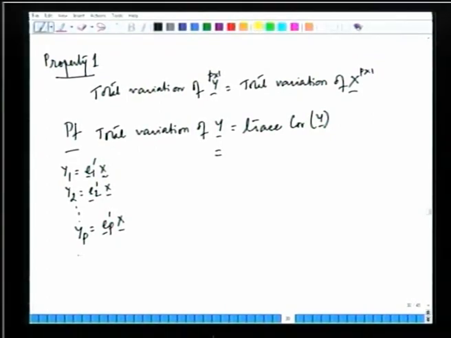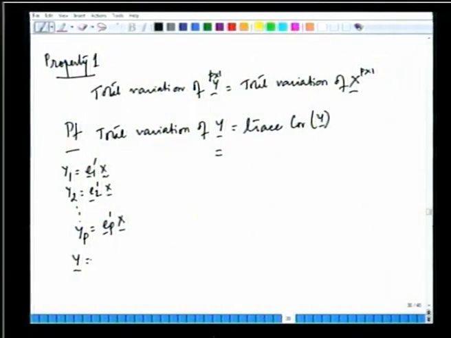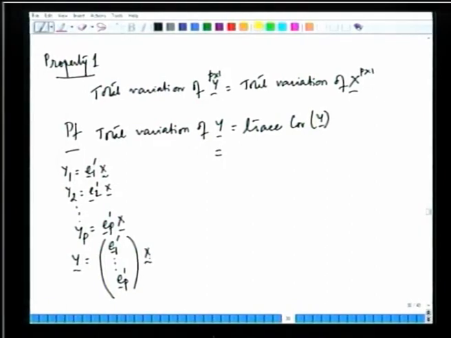If I want to write the y vector, I can represent the whole thing: this is my y vector, the collection of y1, y2 to yp in column form, and I have this as e1, e2 to ep, all transposed, times x.